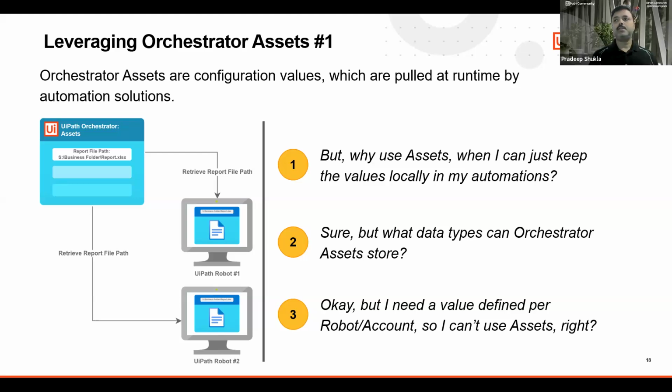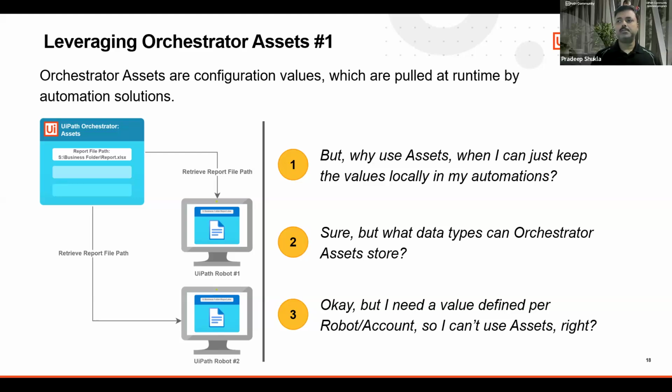So assets provide us a way where we can keep these configuration values at the Orchestrator level, and your automation is leveraging those, but it doesn't have to depend on them. So you can change the Orchestrator values depending on which particular environment you're running, or you can have different configuration for dev and test environments, for production environment, all that kind of stuff you can do. So that's where assets come into the picture.